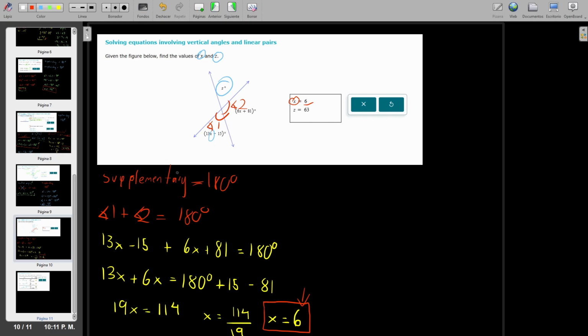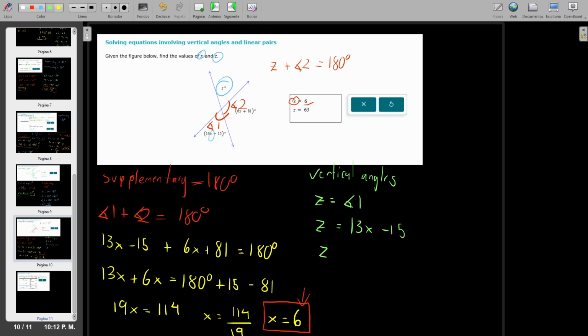Using supplementary angles, meaning you have to use c plus angle 2 equals 180 degrees, or we can use the other property that I have told you before, the vertical angles, which means c is going to be equal to angle 1. So c is going to be, the angle 1 is 13x minus 15.